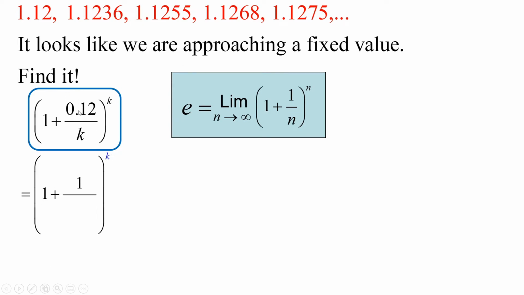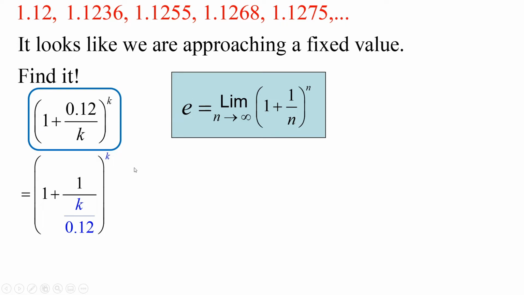So I took this fraction, 0.12 over k, and I want to write it as 1 over the reciprocal of that fraction. So this would be 1 over k divided by 0.12. Look at that. Okay, so I'm getting closer. 1 plus 1 over n, and now I'm saying my n is that k over 0.12, but then I need that n right there too. So I need this k, this power, to also be divided by 0.12.